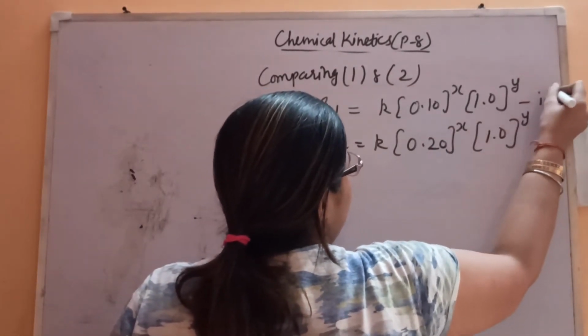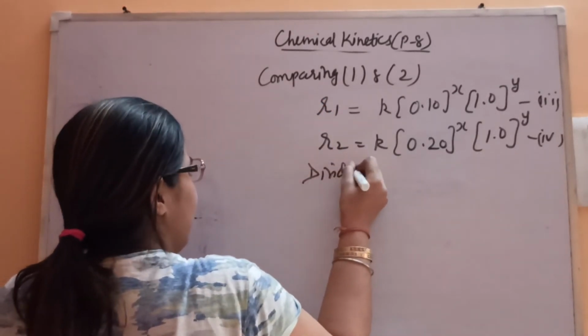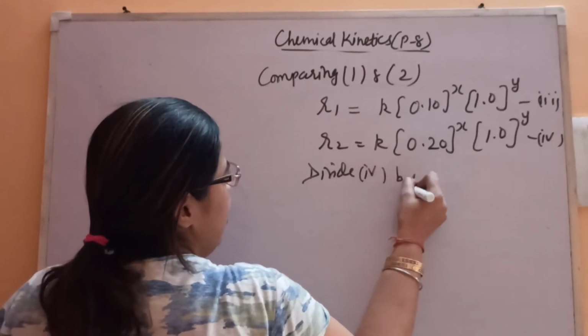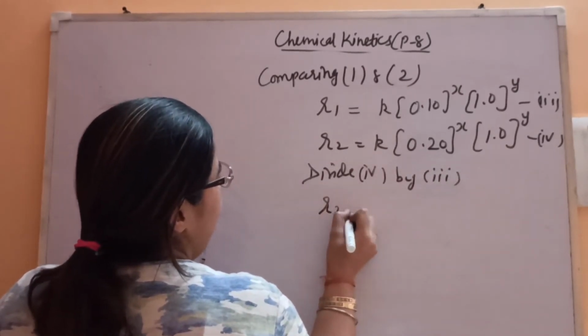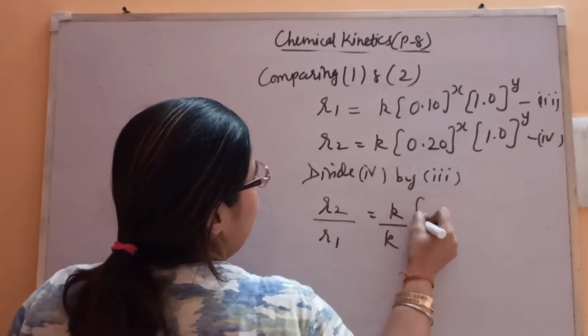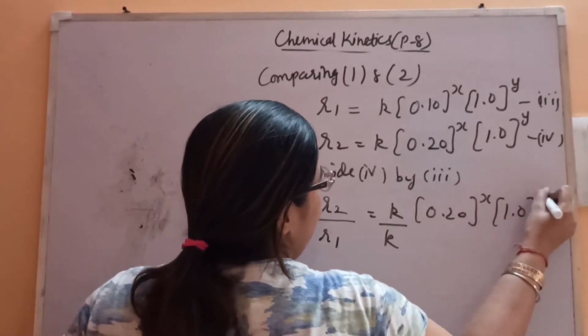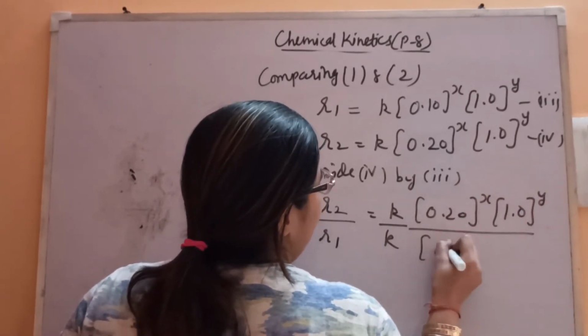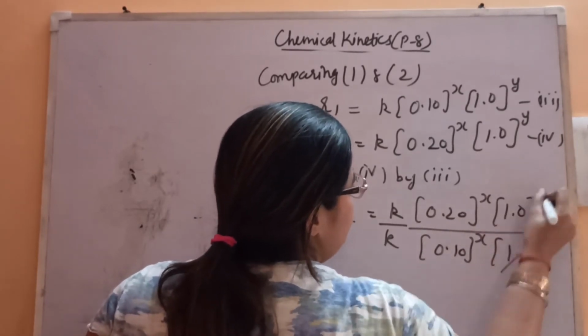Say this is third and this is fourth. Again you just divide fourth by third. So R2 by R1 is equal to K, K will get cancelled out, 0.20 X, 1.0 Y over 0.10 X, 1.0 Y. The Y term will get cancelled out as it is the same.